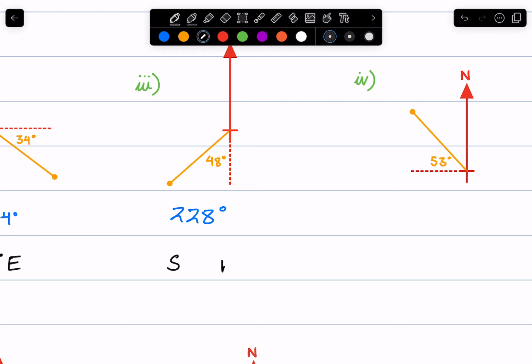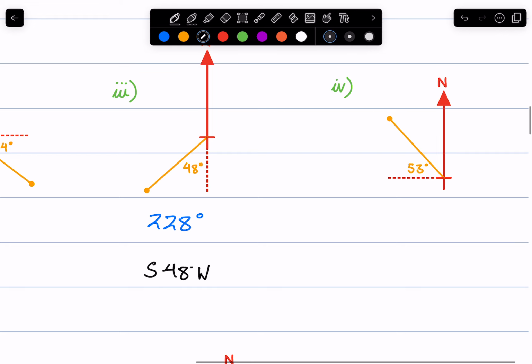Well, in this case, it's very obvious as we're going west. So imagining we're facing south, how many degrees do we turn in order to face this line? Well, it's already given to us here. That would just be 48 degrees.